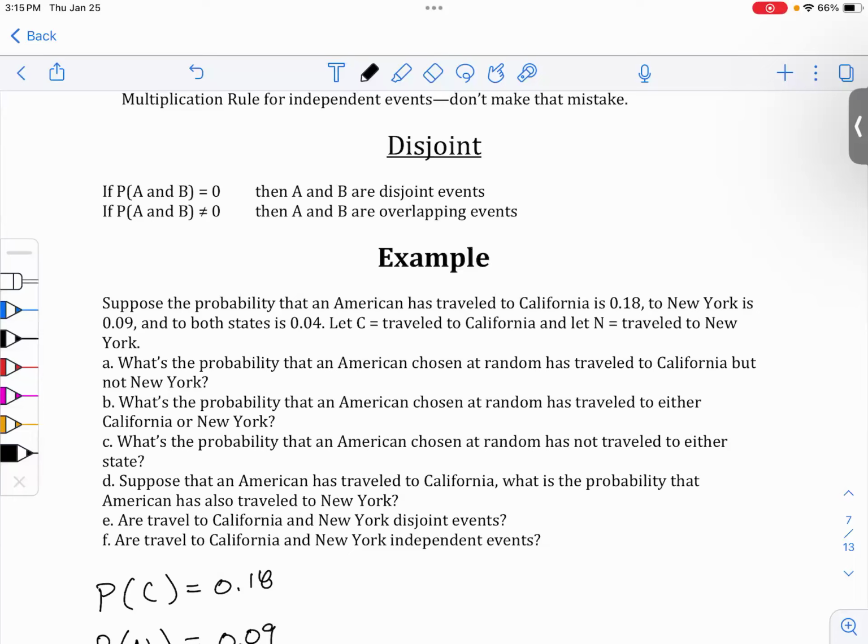Or. Also, when I get down to C, probability an American chosen at random has not traveled to either state. That's an or as well. Either is another fancy way of saying or. So all these notations, even though the words slightly change, they're all just various ways of saying and, or, given every time.